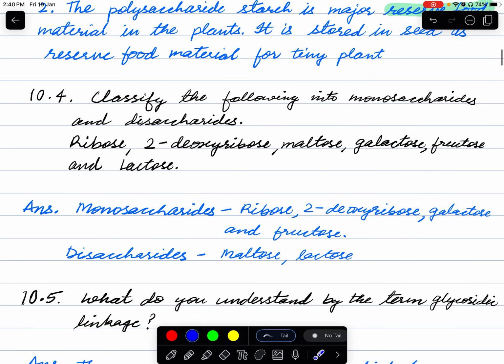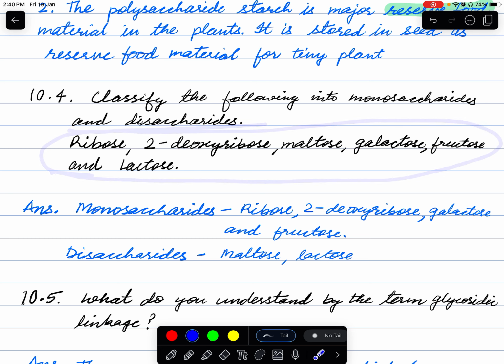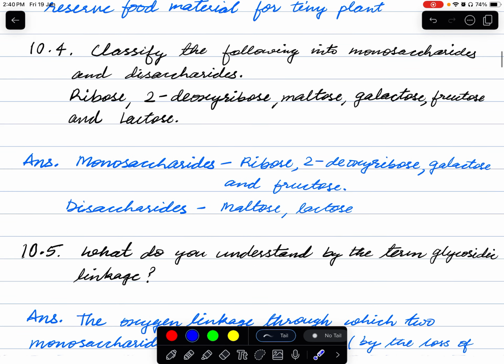Next question. Classify the following into monosaccharides and disaccharides. Here they have given a list of compounds and we have to classify them. So out of these, monosaccharide means made up of a single sugar molecule. The examples are ribose, 2-deoxyribose, galactose and fructose.